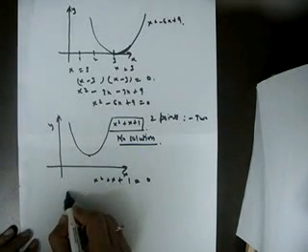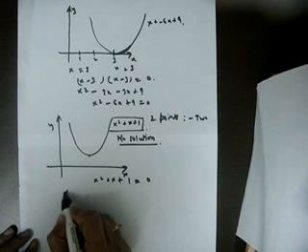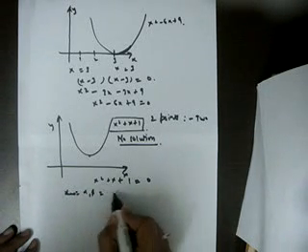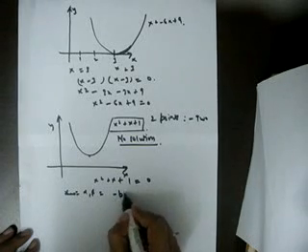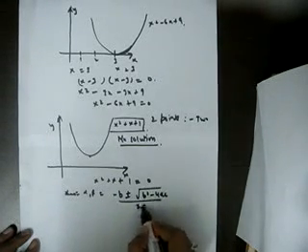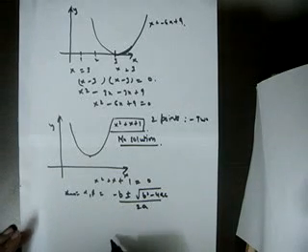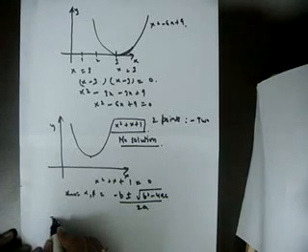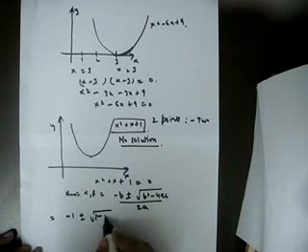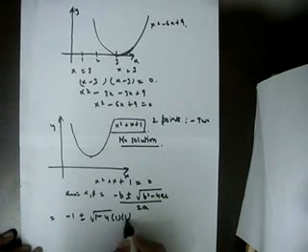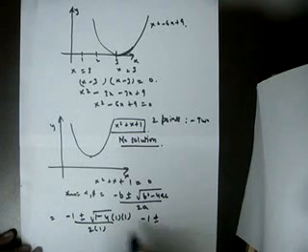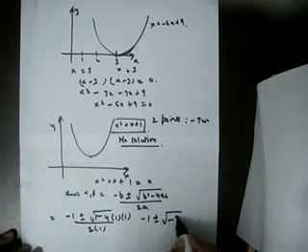Now if I see the solution of this, it will be alpha, beta equal to minus b plus minus root of b square minus 4ac by 2a. So this will be equal to minus 1 plus minus root of 1 minus 4 into 1 into 1 by 2 into 1, which is minus 1 plus minus root of 1 minus 4, that is minus 3.